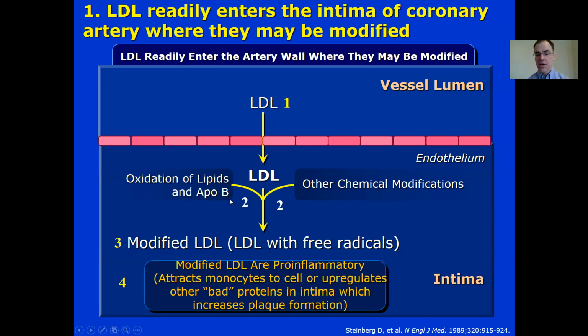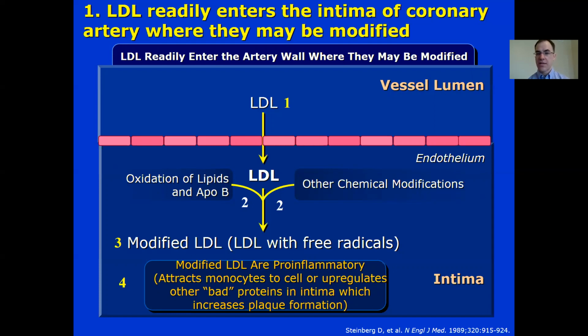So essentially what happens is the LDL is changed from a normal LDL into what's called a modified LDL due to free radicals. Once this LDL becomes modified, these modified LDLs are pro-inflammatory. Pro-inflammatory just means that it causes inflammation or injury in the body. So it'll attract monocytes to the cell and it upregulates other bad proteins in the intima, which can increase plaque formation.